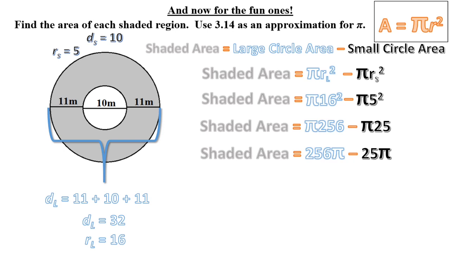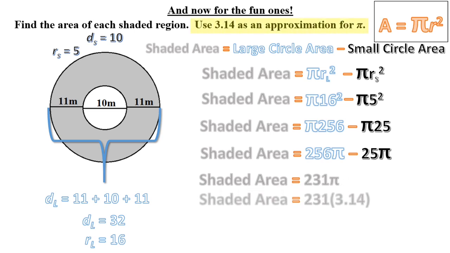So I could just do 256 minus 25 to get 231, and that's in terms of pi. So I've done all the math that I can possibly do before I plug in my approximation. If you had plugged in 3.14 for both of those individual terms, you'd get the same answer. You just have to do that math twice instead of here where I only have to apply the approximation once.